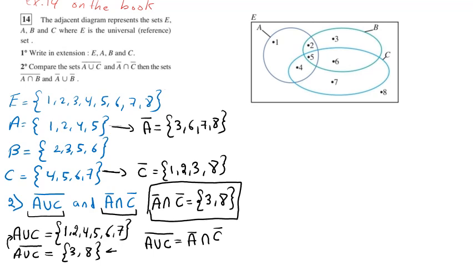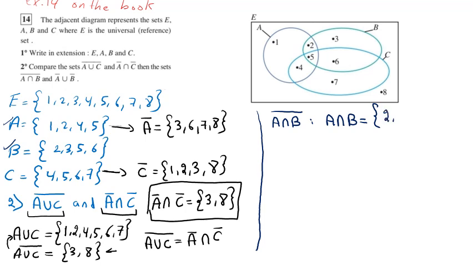In the same way, in part 2 of this question, we should find (A intersection B) bar. The complement is on the set A intersection B, so first we find A intersection B. It means we should find the common elements between A and B. We have 2 and 5 only.